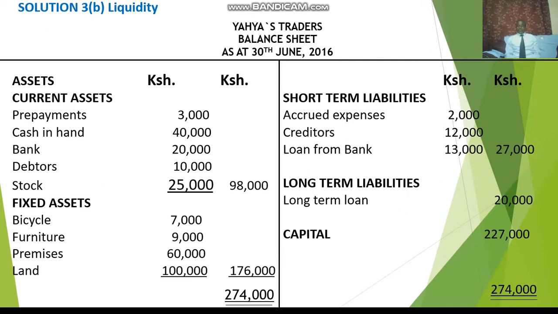Now, this capital is calculated the same way. Capital is equal to our total assets minus total liabilities. So we have 274,000 minus 47,000. So capital is 227,000.